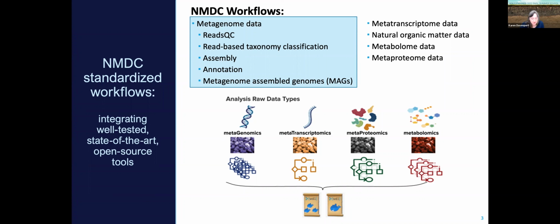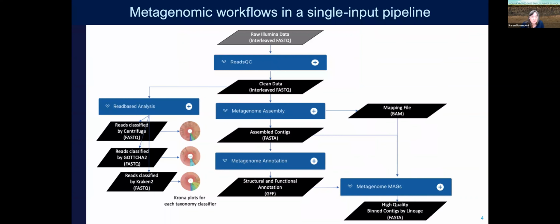All of these workflows were developed for high-quality short-read data from the Illumina platform. So there are 5 different workflows, as you can see here in blue.